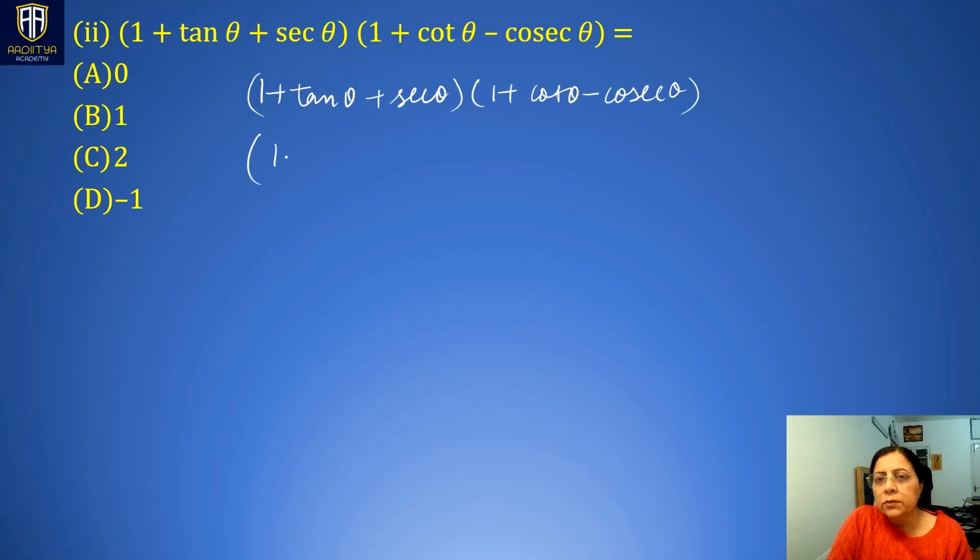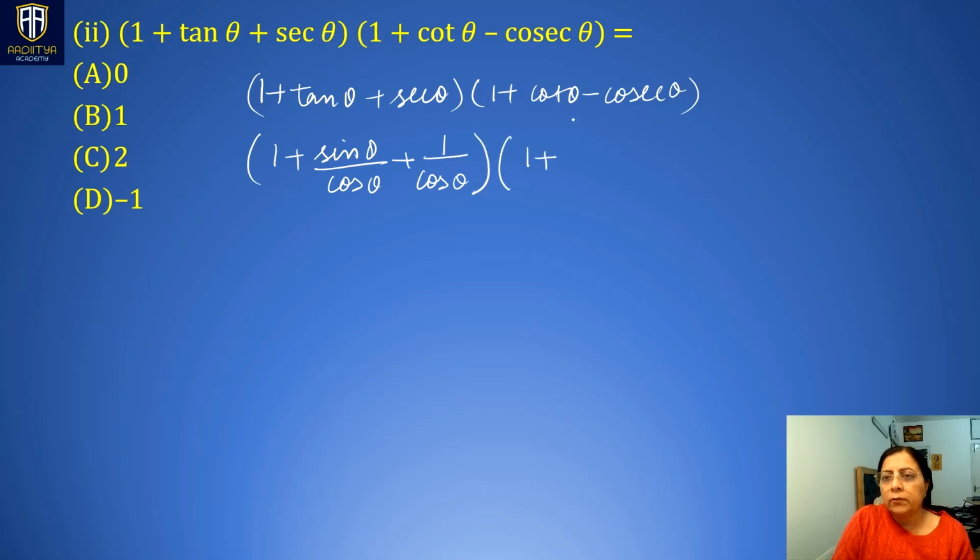What we can do is 1 plus, this tan theta can be written as sin theta upon cos theta, and this itself is 1 upon cos theta. Then we have cot theta can be written as cos theta upon sin theta. And cosec is the reciprocal of sin, this is 1 upon sin theta.